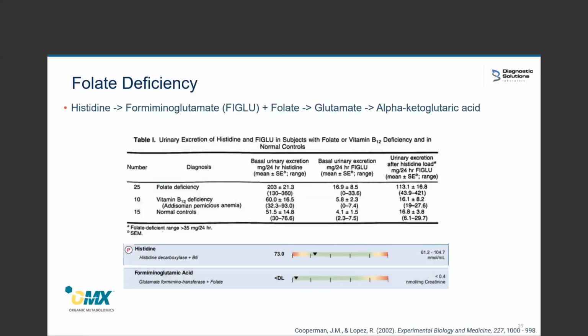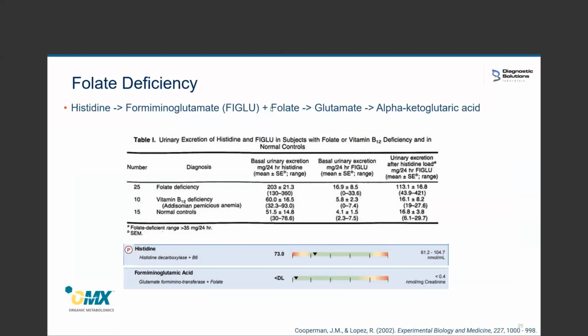This is probably something common to people. A lot of clinicians have probably looked at FIGLU for folate deficiency. Looking at folate on its own can be helpful, but urinary histidine excretion, maybe adding blood histidine, may be a way to help increase that.